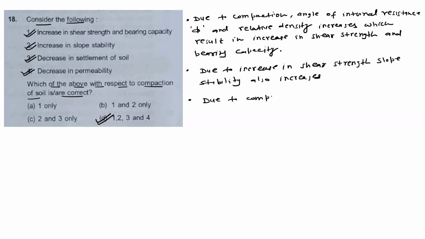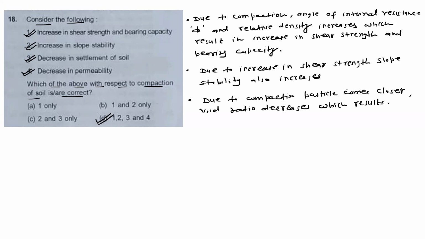Okay, due to compaction, particles come closer, and therefore void ratio decreases, which results in decrease in permeability and settlement.